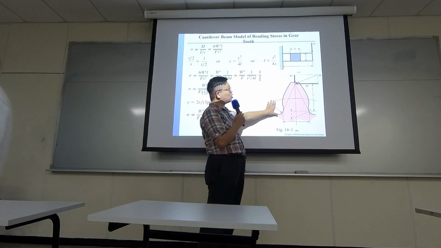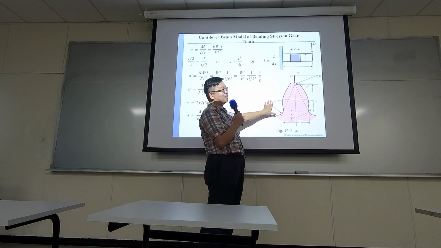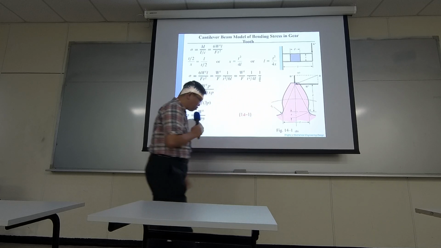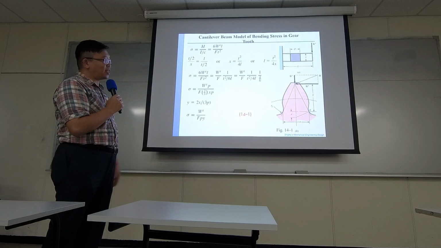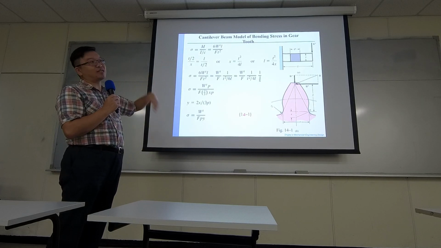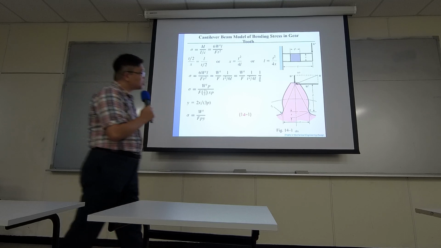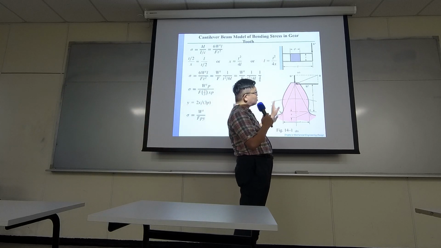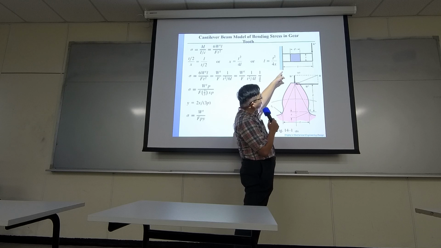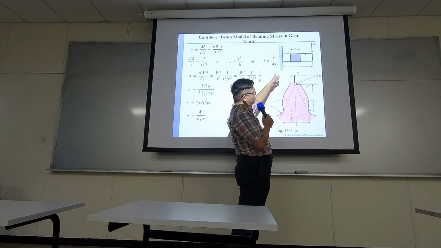So consider the tooth as a beam, simplify it as a rectangular beam, and see if you can use it to estimate the stress. So if this rounded shape tooth can be reduced to a beam, what would be the geometry?